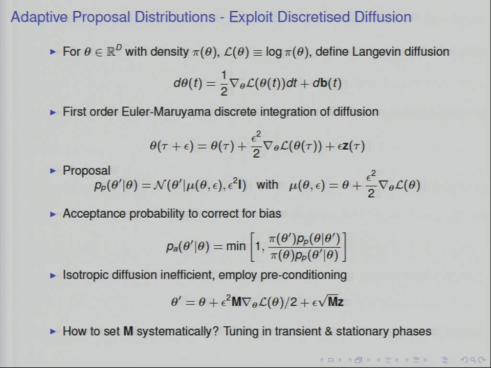And indeed, how would we tune this matrix when we're in the transient phase of the Markov chain, and we could be in the transient phase for quite some time, and then once we enter the stationary phase, when we want to start sampling from the invariant measure, how do we tune that? And it's not at all clear.